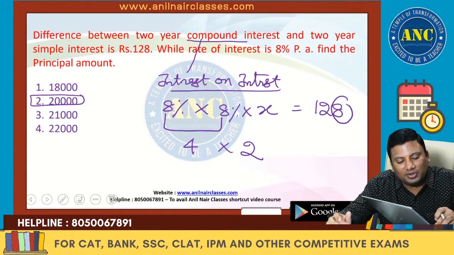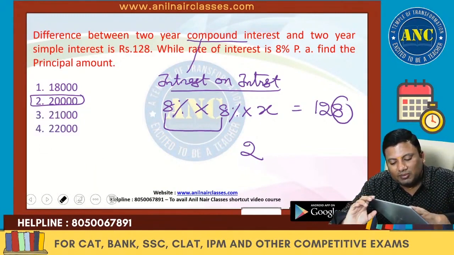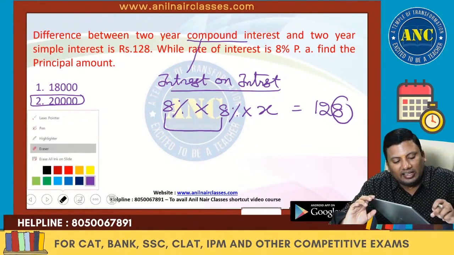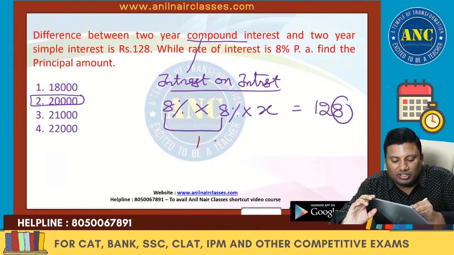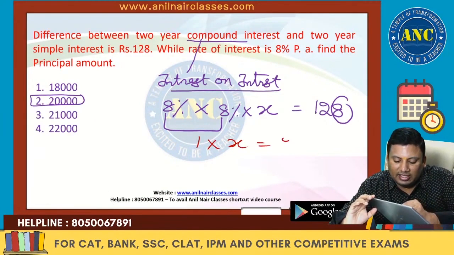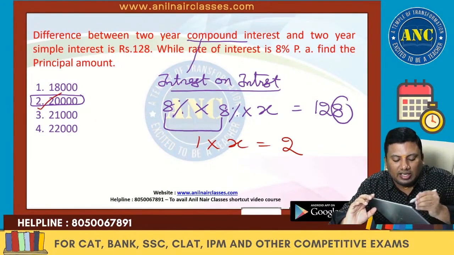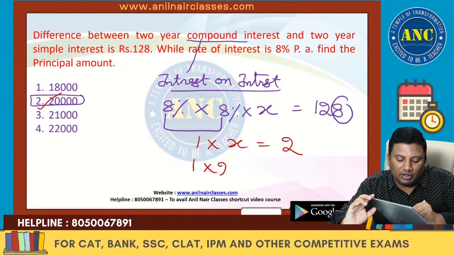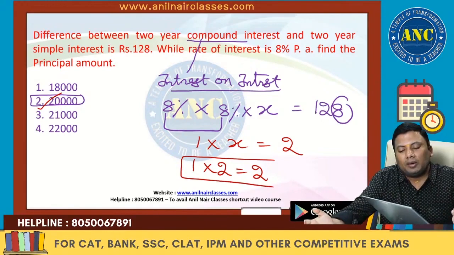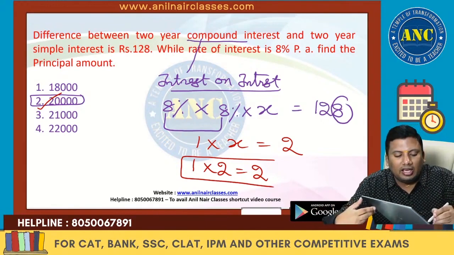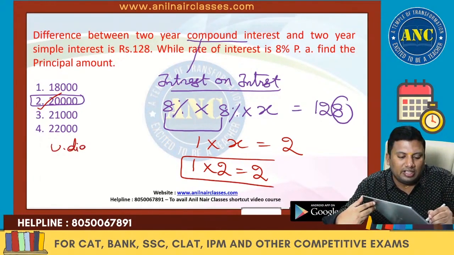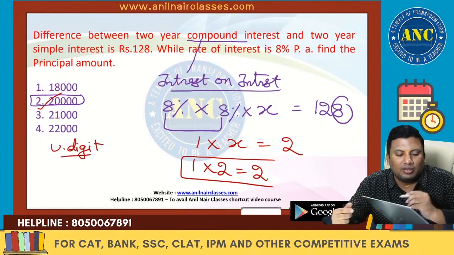Or you can use digital sum. Digital sum can also be used. 8 8s are 64, which is 1. 1 into x is nothing but 2. X is nothing but 20,000. Digital sum is 2. 1 2s are 2. Either you can pick from the answer option, or you can use the unit digit logic, or you can do it directly.